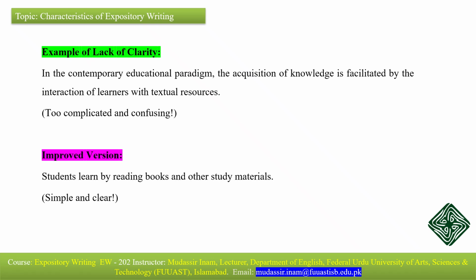So, in the other example, if we say that students learn by reading books and other study material, this is very simple and clear. Both texts convey the same idea, the same message, but in one text, the writer has selected very complicated words, and the sentence structure is also complicated and lengthy.